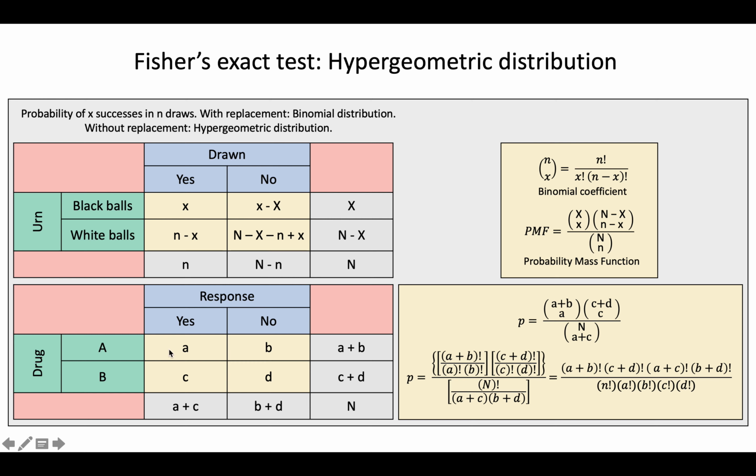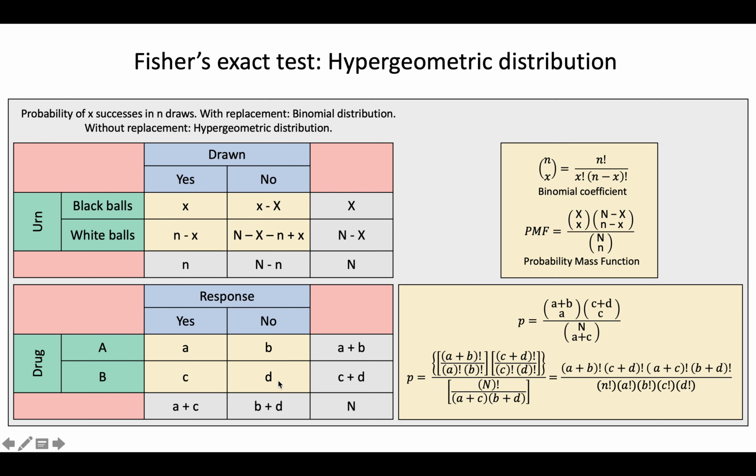So this number, whatever it is in your 2 by 2 contingency table, plus this number factorial, and then times c plus d factorial, and then times a plus c factorial, and then times b plus d factorial, over n factorial, which is here, times a factorial times b factorial times c factorial times d factorial.